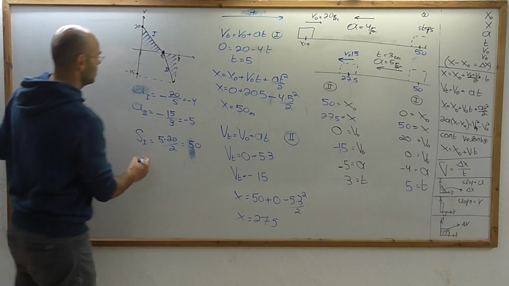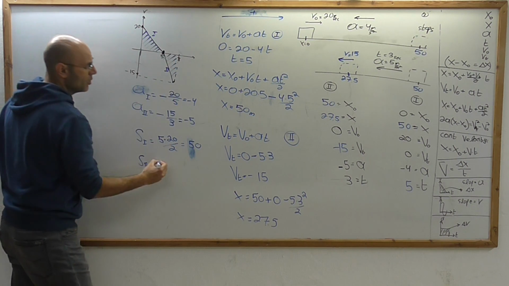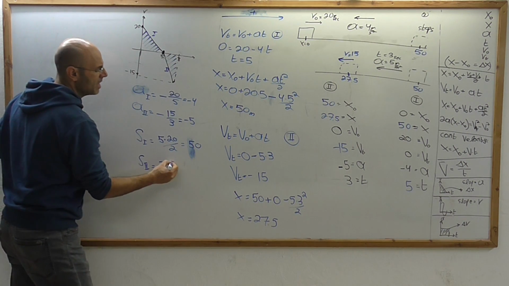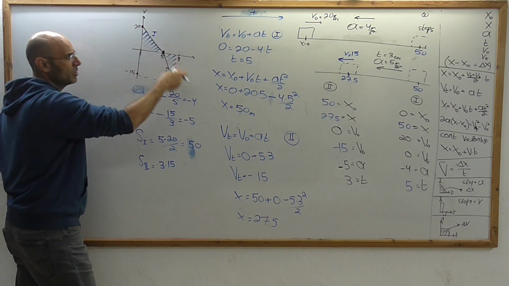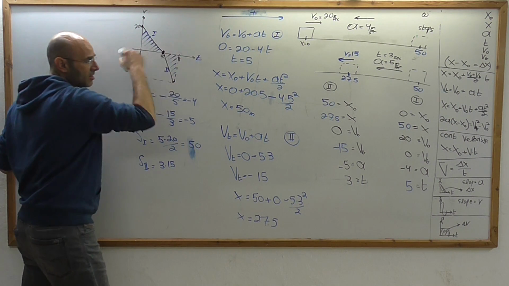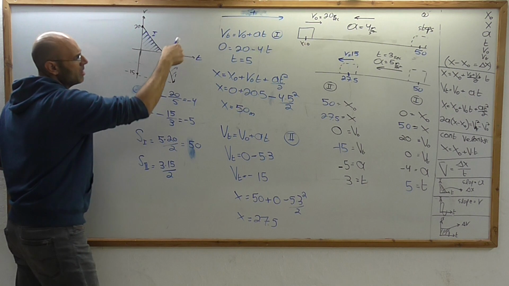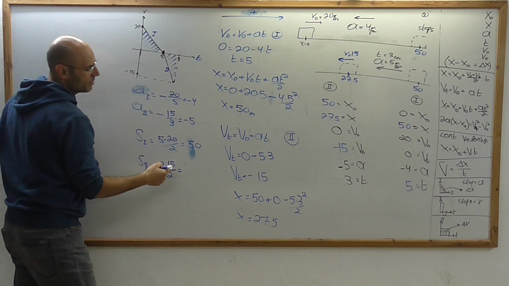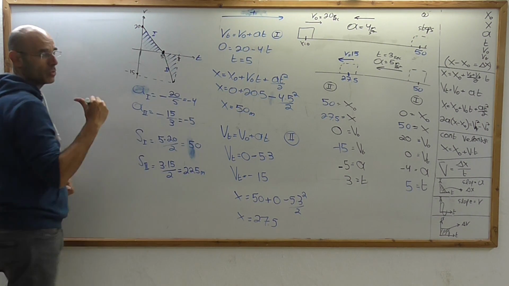Now, the second part is also a triangle, which is 3 multiplied by 15. Everything absolute value, we understand which way it goes according to the area. If it's under the t-axis, it goes back. Okay, so 3 multiplied by 15 over 2 is 45 divided by 2, 22.5 meters, which is backwards.